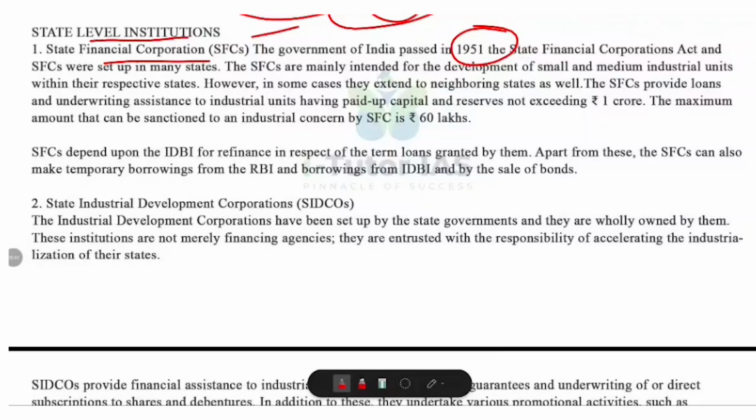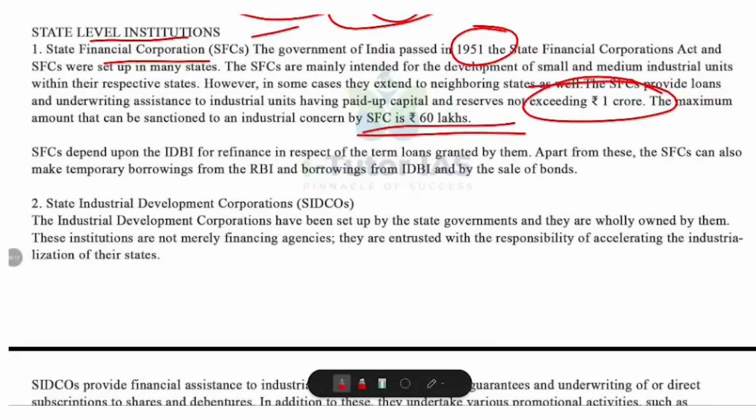They provide loans and underwriting assistance to industrial units, but only to those whose paid up capital and reserves do not exceed rupees 1 crore. Also, there is a limit to how much they can lend. The maximum loan amount that an SFC can sanction to an industrial concern is rupees 60 lakh.